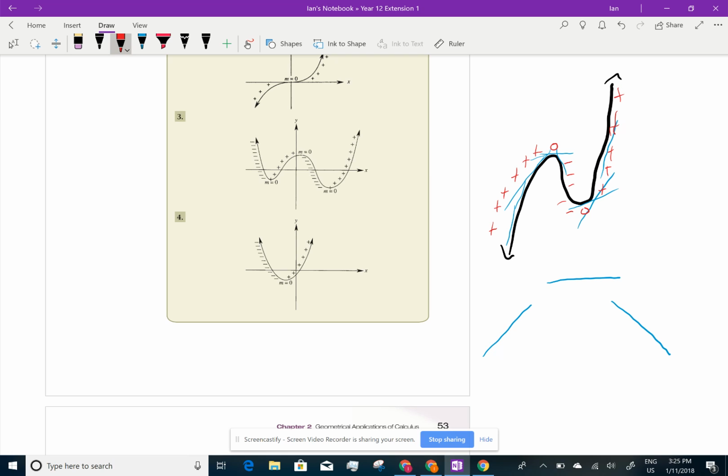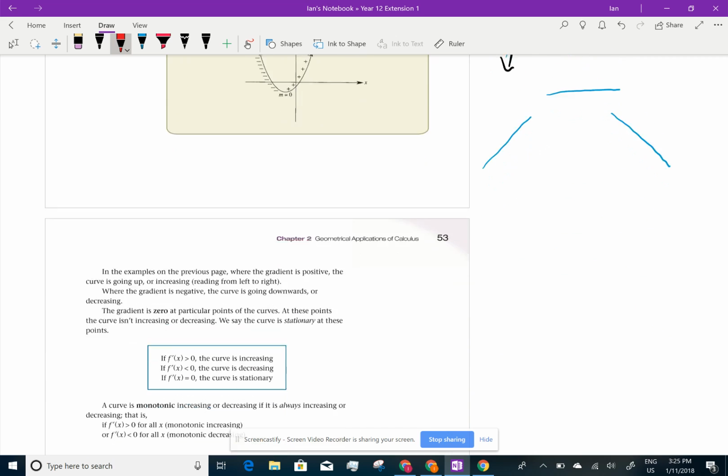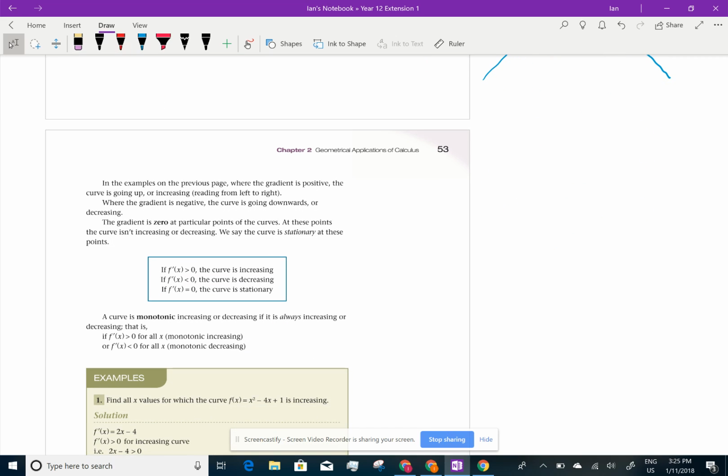So when you see these symbols on the left here, that's telling you the sign of the gradient of the tangent, whether it's positive, negative or zero. Now, let's take the cubic again.